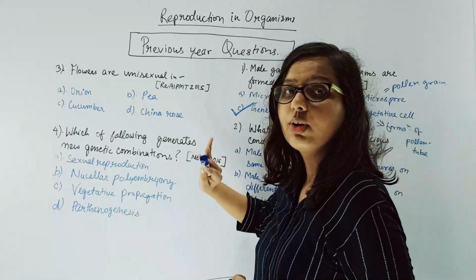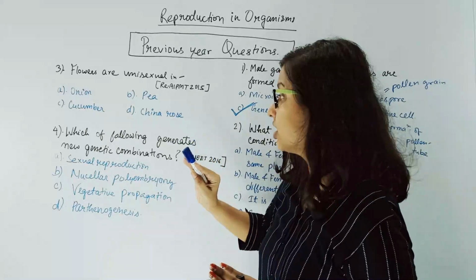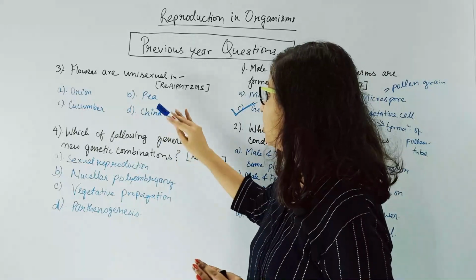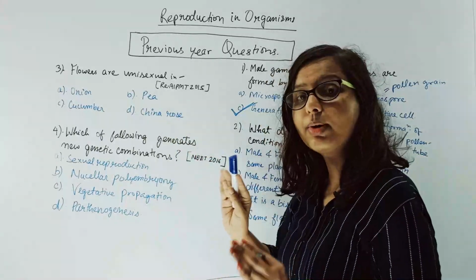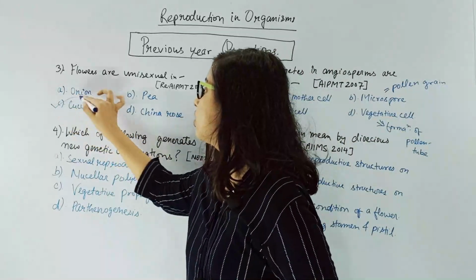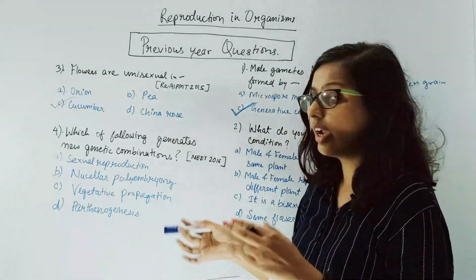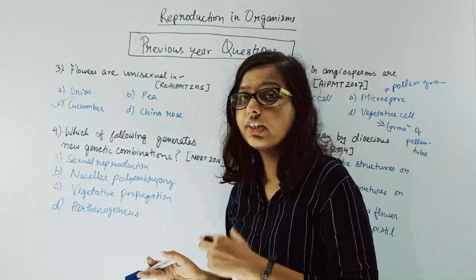Male and female reproductive structures are there, androecium and gynoecium are there. In the China rose also, androecium and gynoecium are there. So the answer is cucumber. In cucumber, the flower is unisexual. Either gynoecium will be there or androecium will be there in the flower.